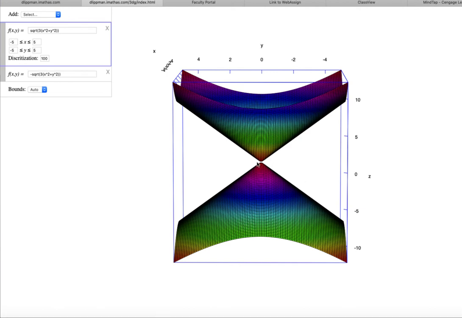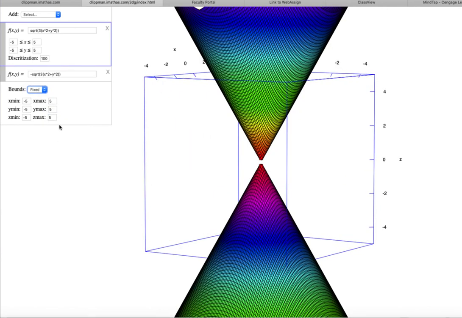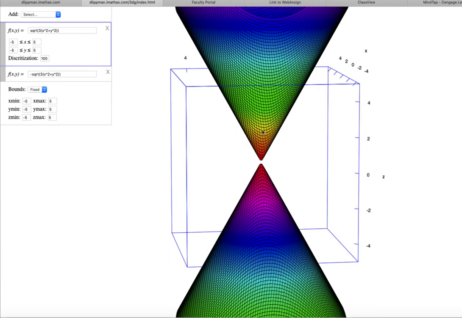And you might say, boy, that angle doesn't look like pi over 6 and 5 pi over 6. Remember that if you have things on automatic, the z does whatever it wants. So if I adjust the z's so they're all the same, now look at that. Now from the z to here looks like pi over 6, and from the z down to here it does look like an angle of 5 pi over 6.